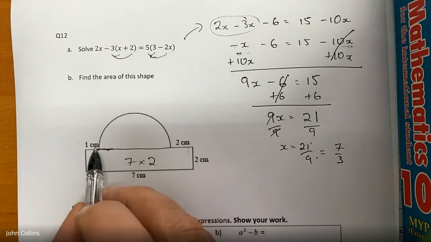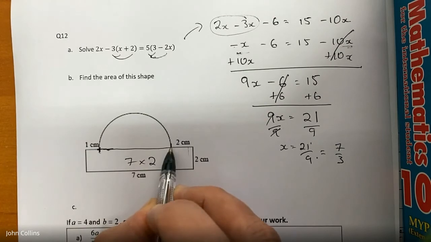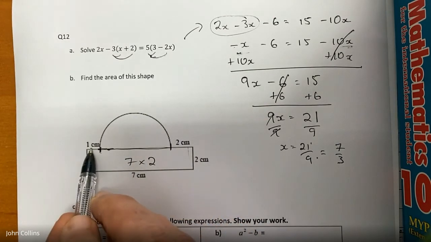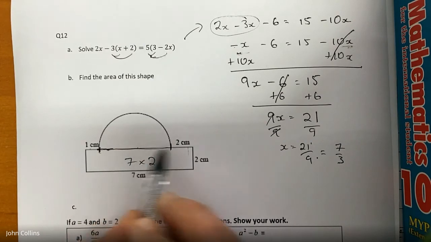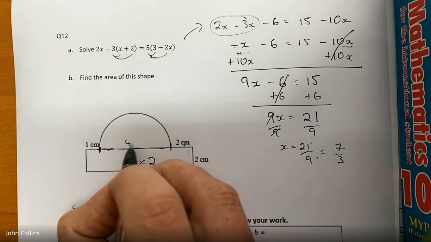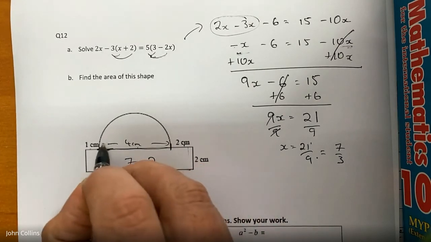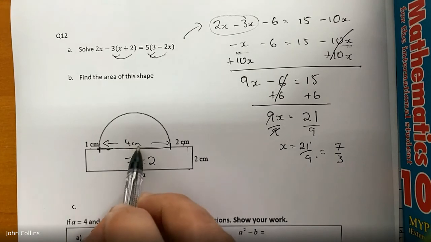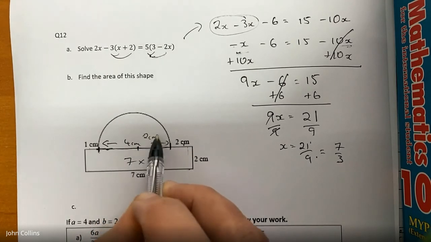This circle has a diameter of 4: 1 plus 4 plus 2 has to equal the 7, so it is 4 centimeters across. For area, I just need the radius, so that's 2 centimeters.